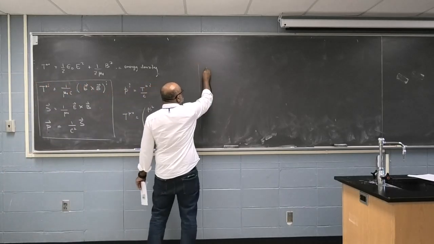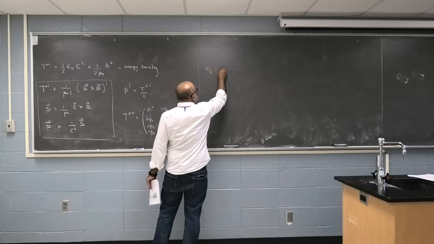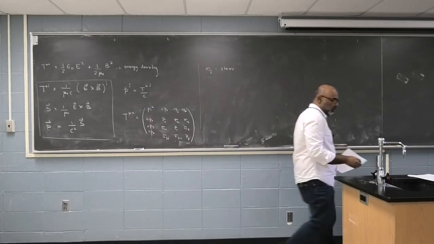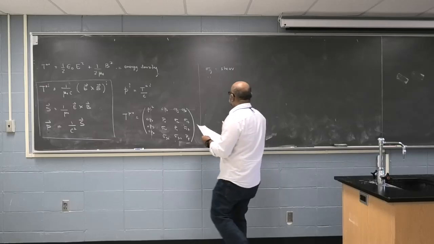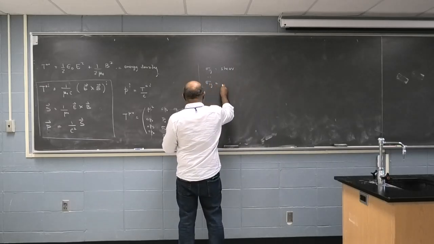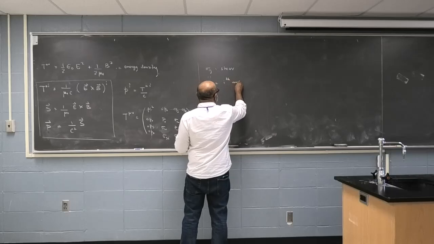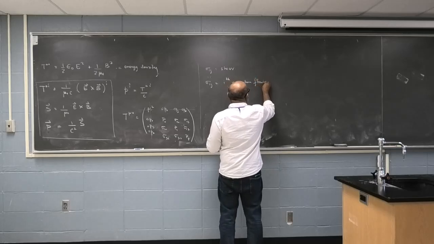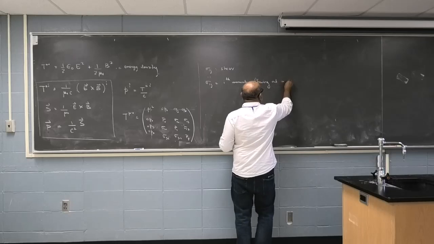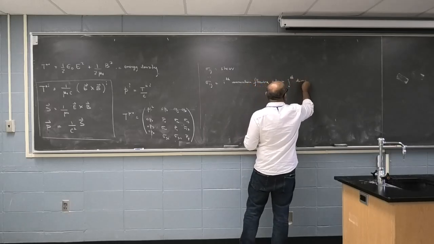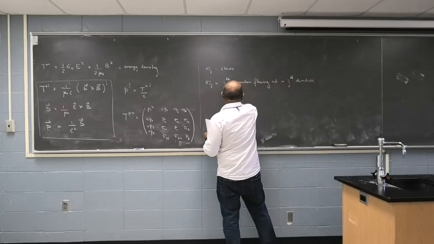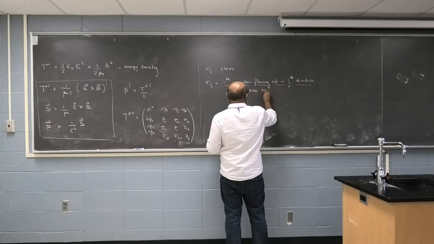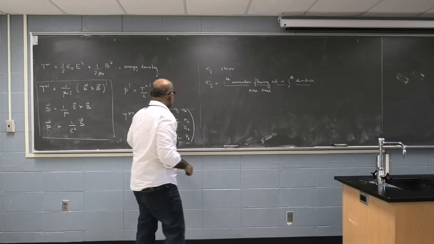But sigma ij is the shear of the electromagnetic field. So in words, it's sort of a weird quantity. Sigma ij is the ith momentum flowing out in the jth direction per unit area per unit time.